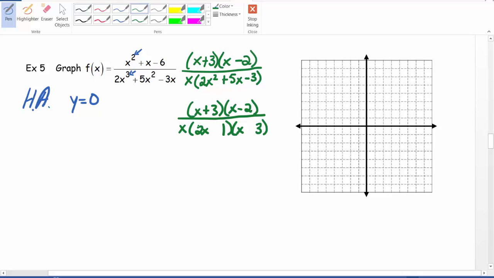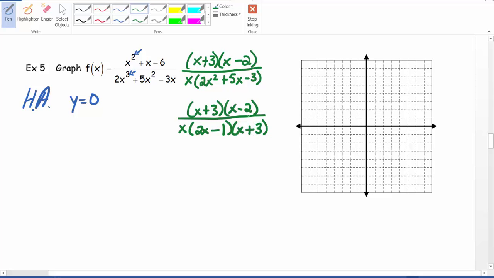Now this 2 is also playing a role there, in which case I'm trying to get more positives than negatives, so that middle term is positive. As a result, if I make 3 positive and this one negative, we would end up with 6x, negative 1x, boom, there's 5x. Also, when you multiply the last two, you do obtain your negative 3. So this is now our final factored form for that bottom.